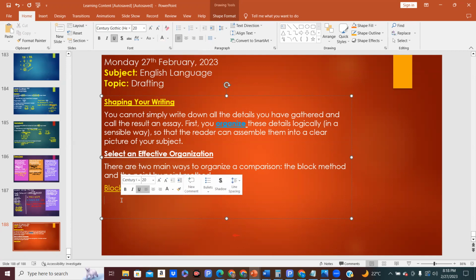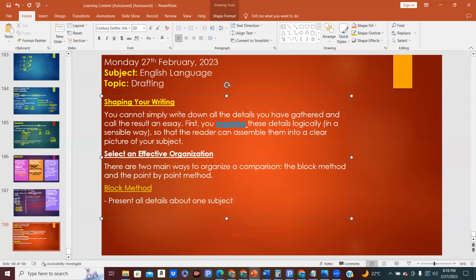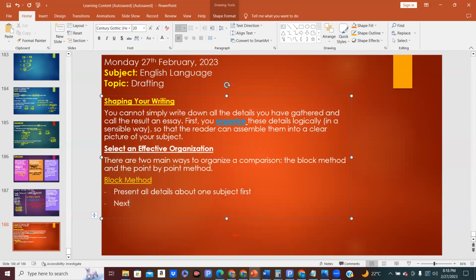Now with the block method, you present all details about one subject first, and then next you present all the details about the second subject.